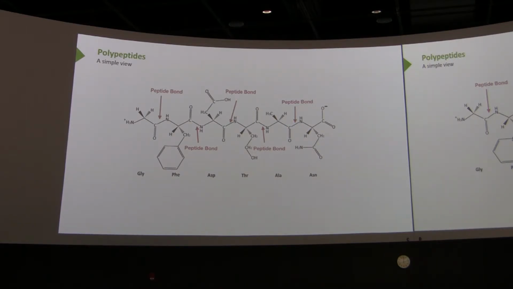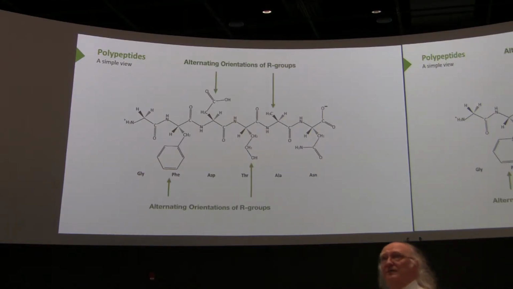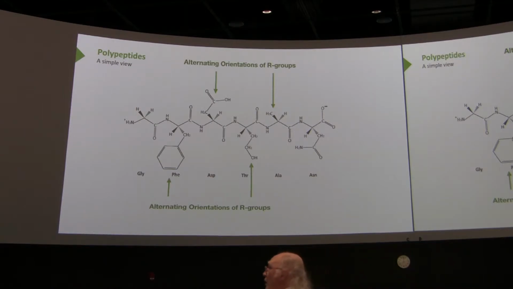And somebody noticed over here that the R groups are on opposite sides as they alternate. There are the alternating R groups. The first one on the lower left, the second one up above, down, up, down, up. Now that's not random. There's a very good reason that happens, and we'll see that right here.